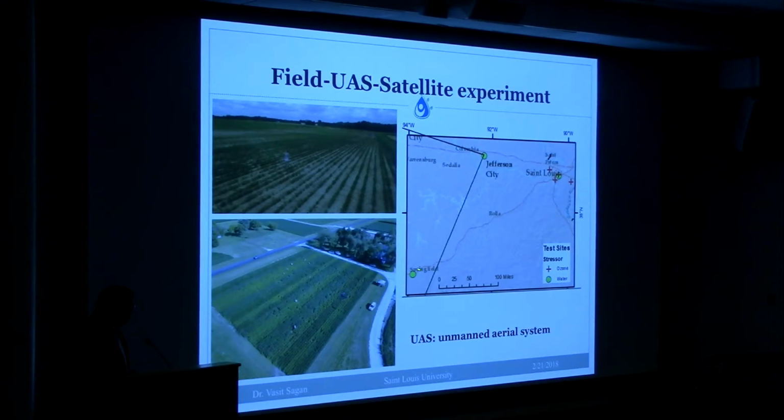On this, there is another type, the grapevine experiment here. This is sorghum, soybean, and different crops. And also, the red dots here are more targeted to detect how ozone pollution would affect crop yield.